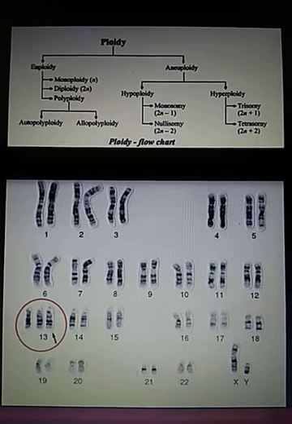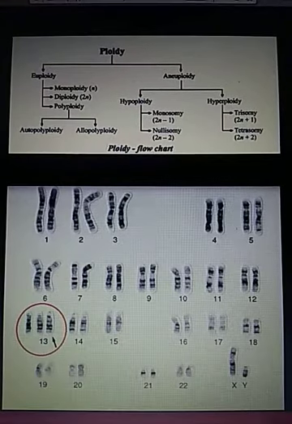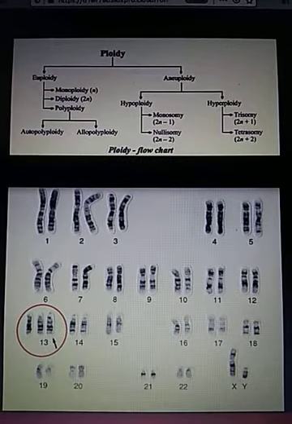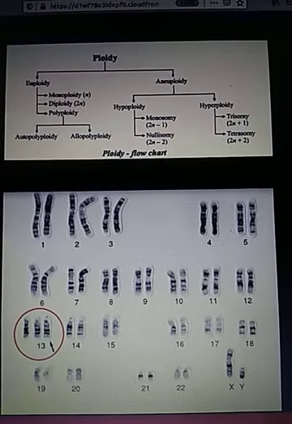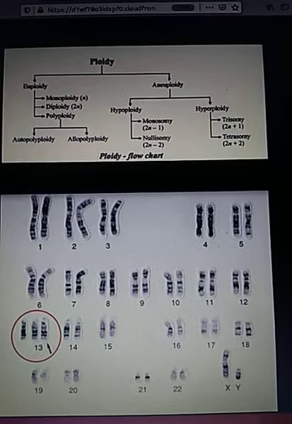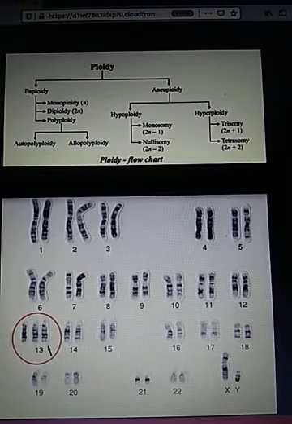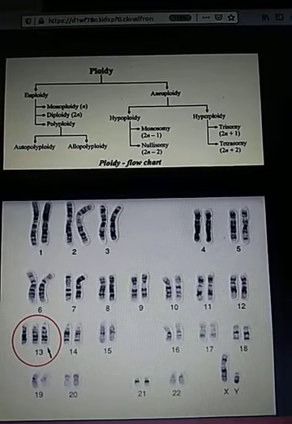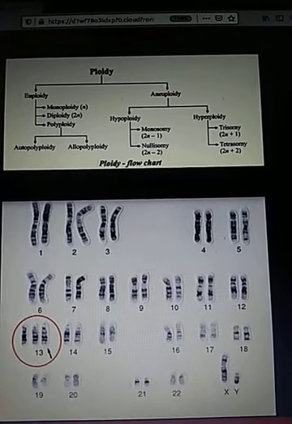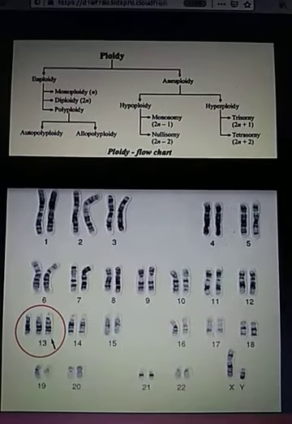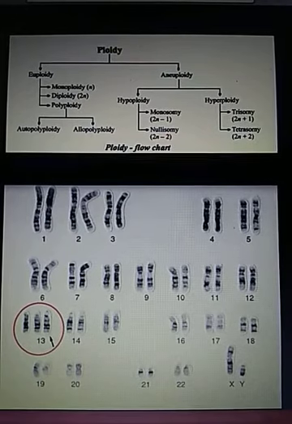For example, human beings have diploid number equal to 2n, and our haploid number is n, where n equals 23. So we have diploid number 46, and if 23 becomes 2n, then it is diploid and it is the normal form. But if it becomes 3n, 4n and so on, then it becomes an abnormal form, and this is known as heteroploidy.